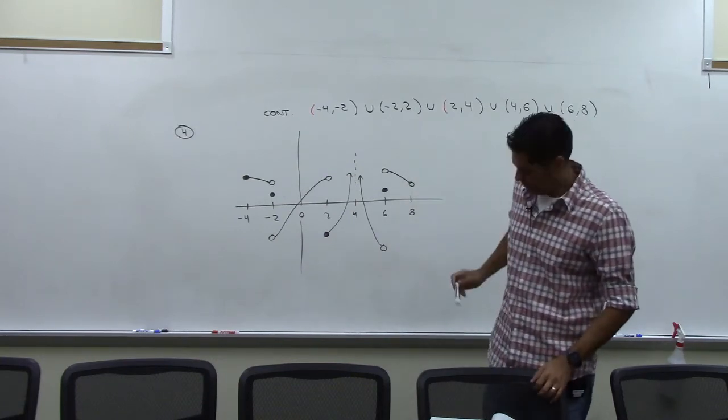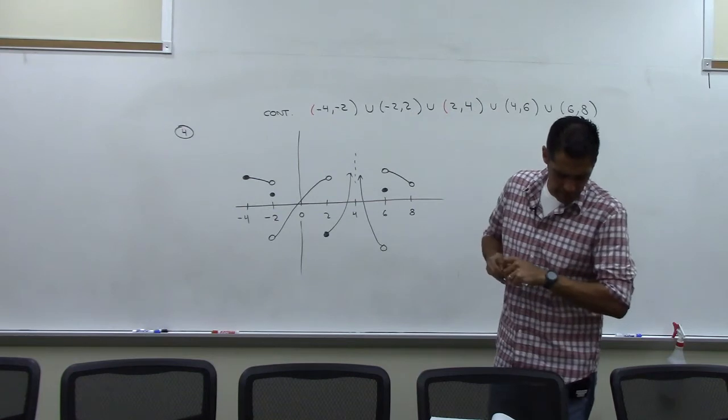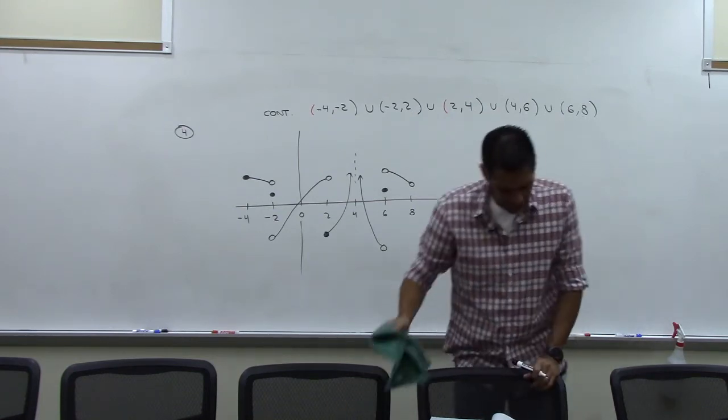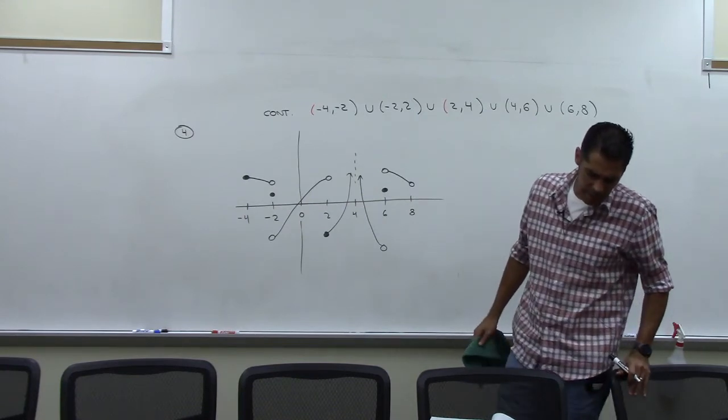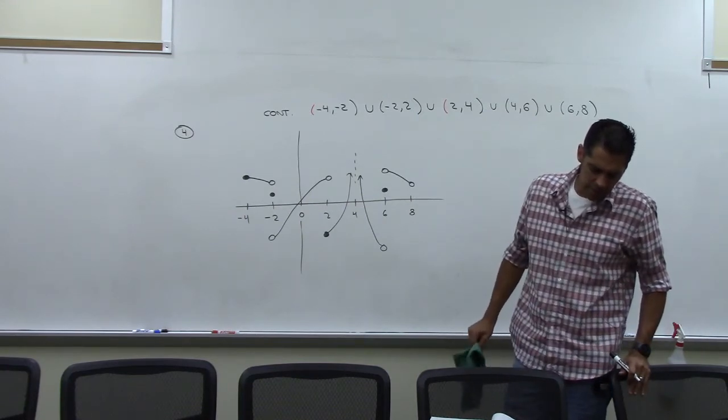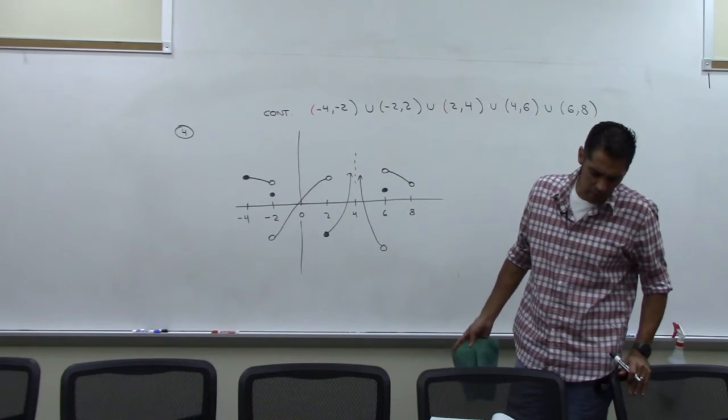All right, let's look at number 5. Sketch the graph of a function f that is continuous except for the stated discontinuity. Discontinuous, but continuous from the right at 2.